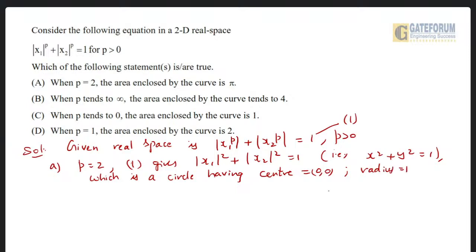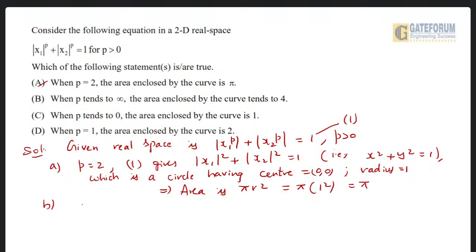So the area is pi r square, that means pi into 1 square is equal to pi. Area of a circle is pi into radius square. So this is also correct.